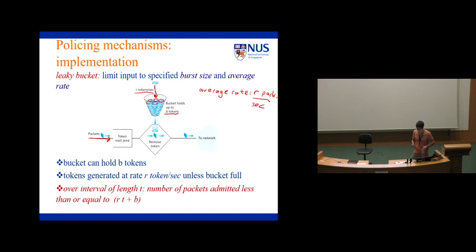Why? Because in the best case, I have a full bucket of tokens, which are B tokens, and I can immediately serve B packets if they arrive. That is assuming my bucket is full. Let's say they're coming in the morning, 9 a.m. All B customers are coming to my museum. They can use up all my guides here.